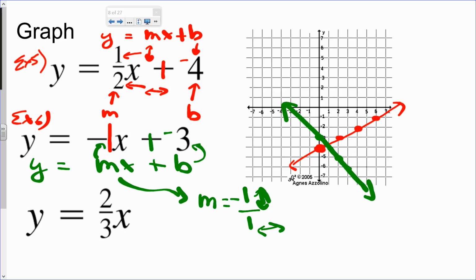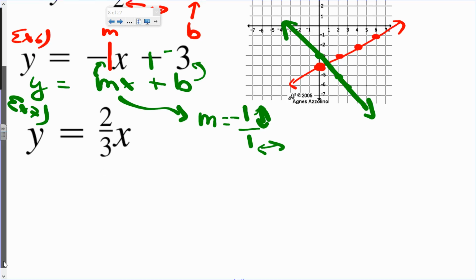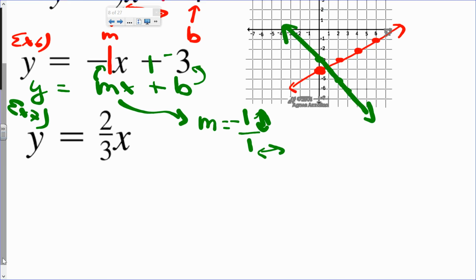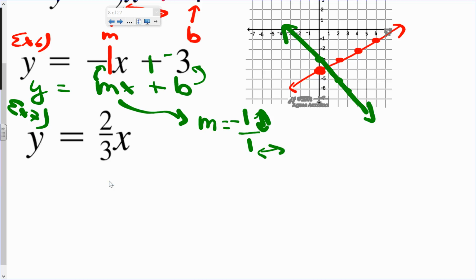And let's do example 7 then. Example 7, I'll put it in dotted blue here. Example 7, y equals 2/3 x.